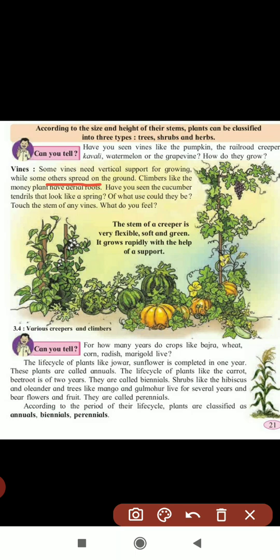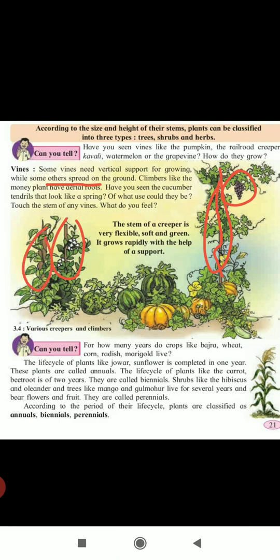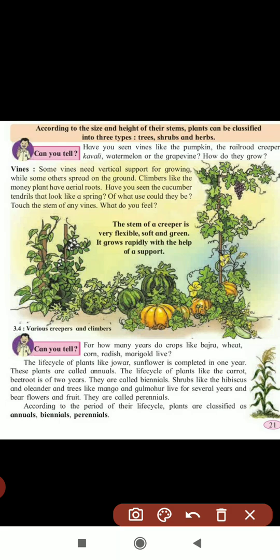The grapevine grows vertically with the help of a stick. Here we are putting sticks, and with the help of that it grows. Its fruit comes outside because it is light in weight, that's why it grows vertically.